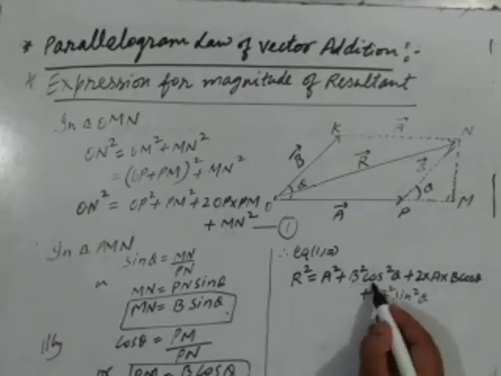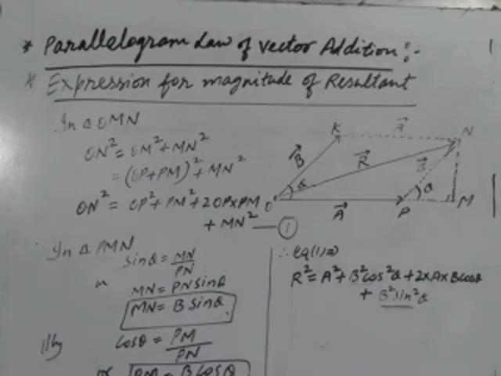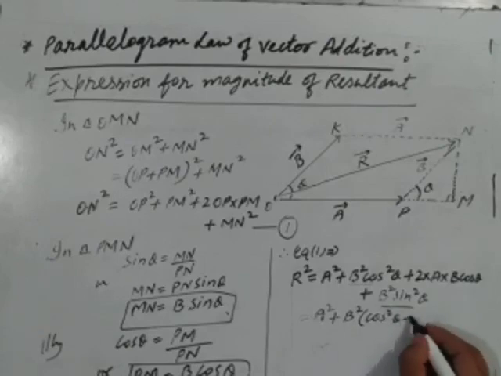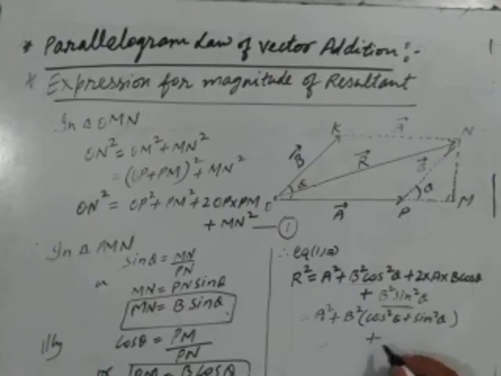So we will combine these two factors and take B square as common, so this becomes A square plus B square (cos square theta plus sine square theta) plus 2AB cos theta.